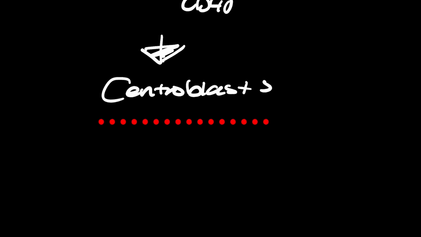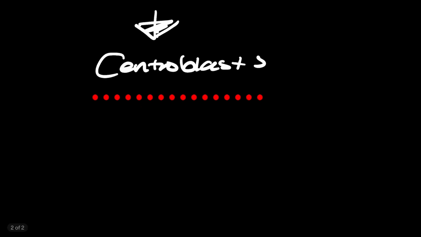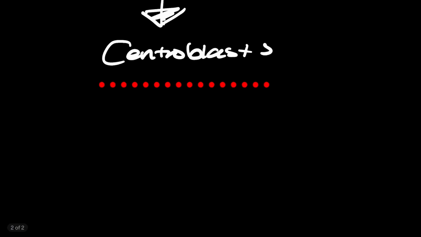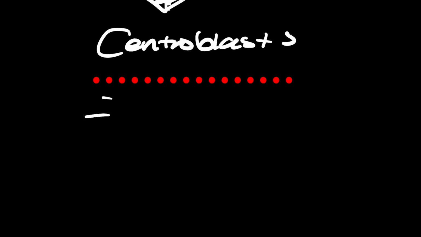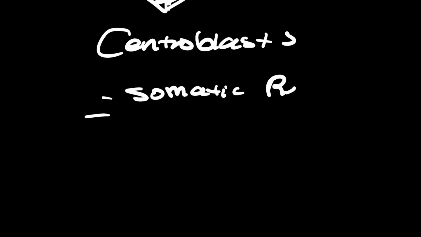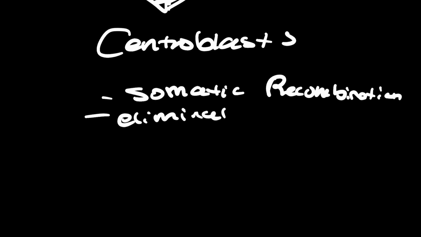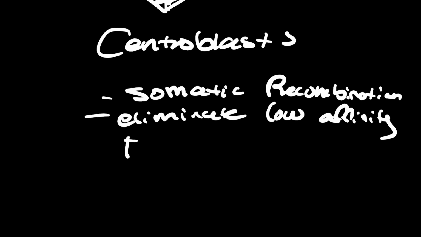And these guys are in the germinal center of the secondary lymphatic. And there's just a bunch of them dividing. They'll do two things. It's important for somatic recombination, and they'll eliminate low affinity immunoglobulin.